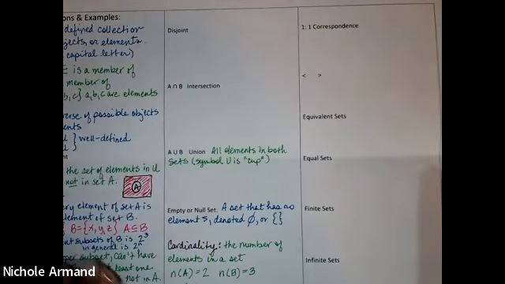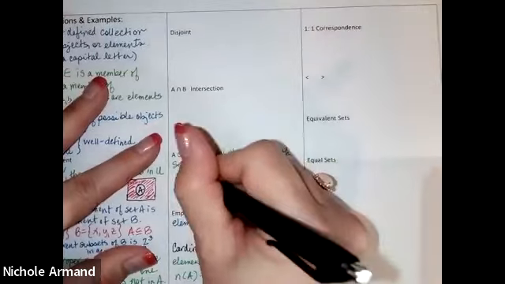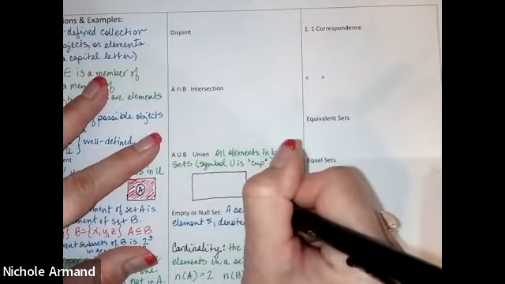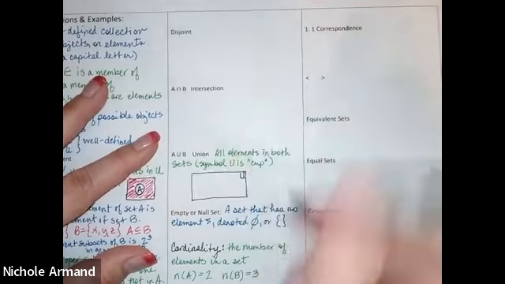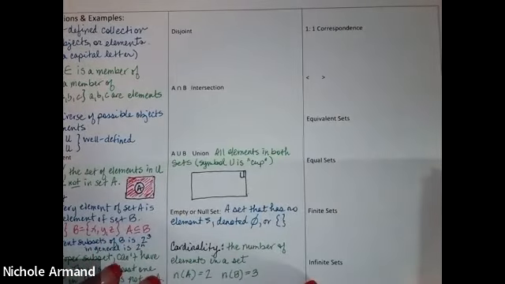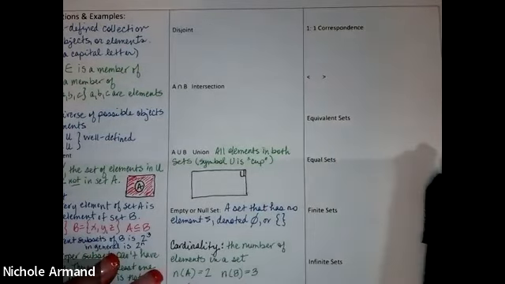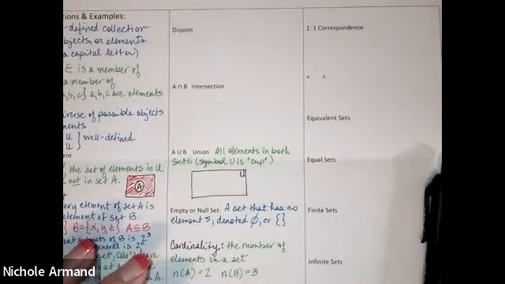Okay, so let's draw. Here's our universe. And sometimes we put a U in the corner there. We can have set A and set B. I'll use 2 different colors for it.